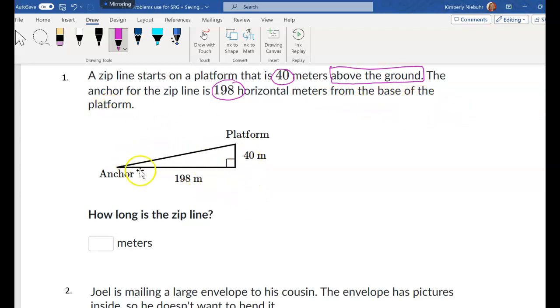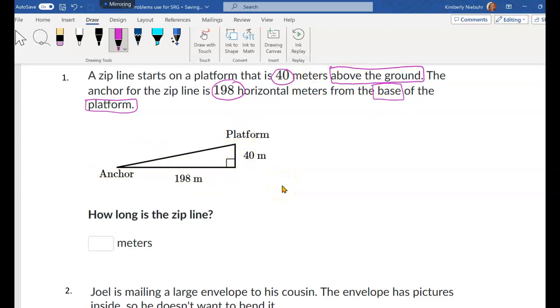Wow, so not only have they drawn us the picture, but they've put in 198 meters from the base of the platform. They've said 40 meters is above the ground, so here's 40 meters above the ground.